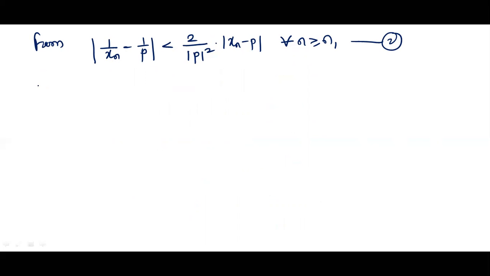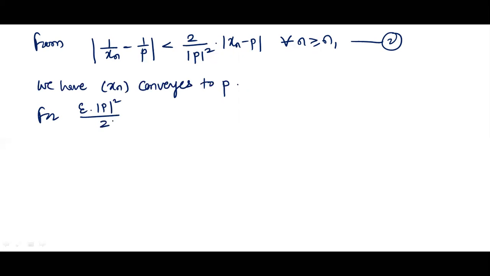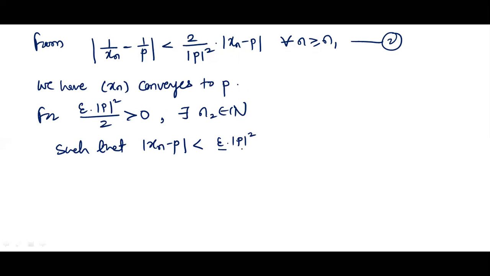We have the sequence xn converges to p, therefore for epsilon into mod p square by 2 greater than 0, there exists a natural number n2 such that mod of xn minus p is less than epsilon into mod p square by 2 for all n greater equal n2. Yes.